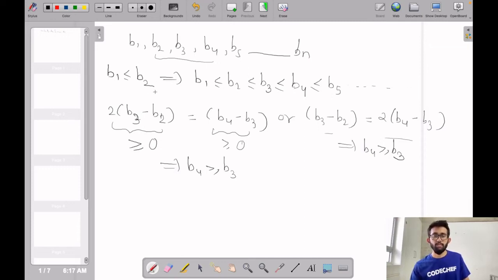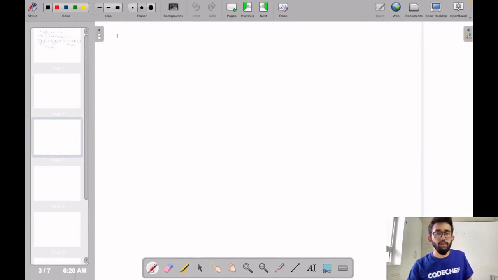So we see that if B1 is less than or equal to B2, so this sequence, this array A is in increasingly sorted order. We assumed that B1 is less than or equal to B2, and we observed that the elements of array B are in increasing order.